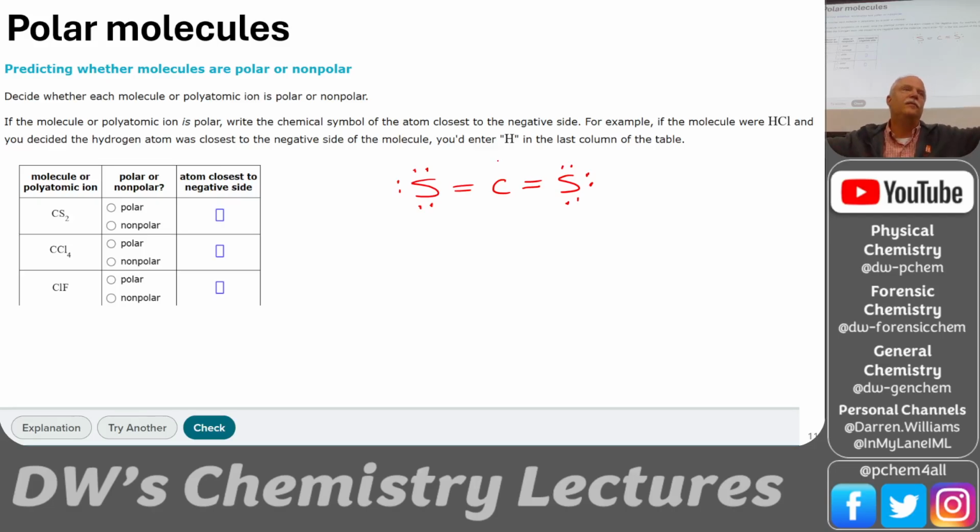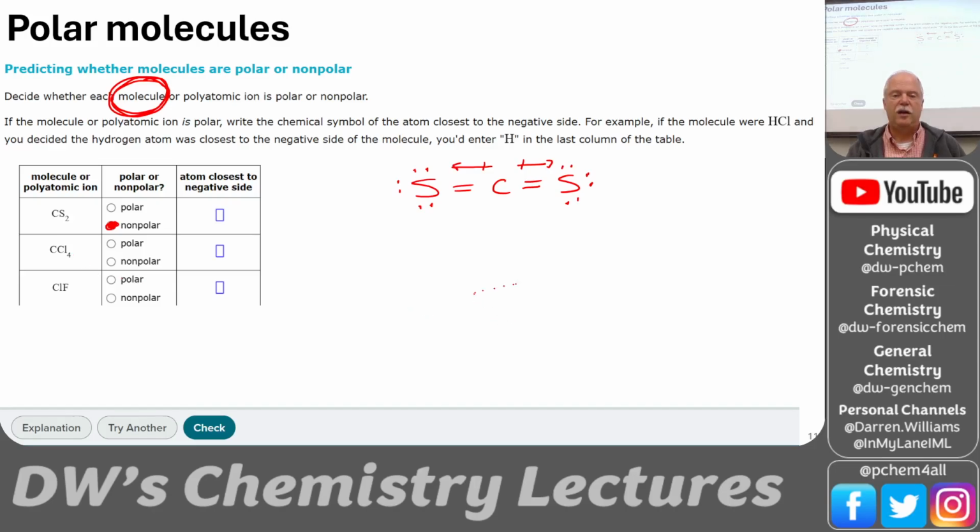So these individual bonds may be polar, but look at the angle they're at. They cancel out. Even though this has polar bonds, they point in opposite directions, so no one side of the molecule is positive and the other negative. It's the same on both ends. So even though the individual bonds are polar, the molecule is nonpolar. We're determining whether the molecule is polar, not the bonds.